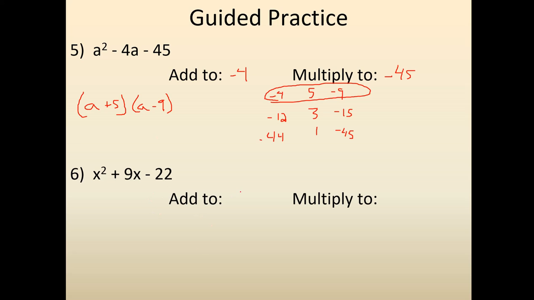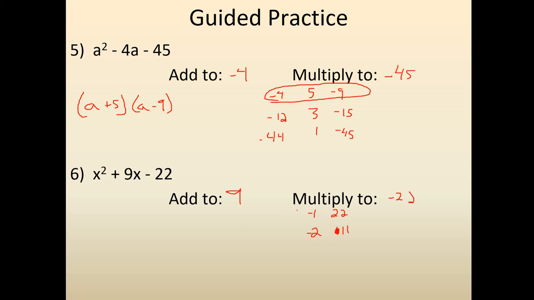For this one, they're going to add up to 9 and multiply to negative 22. So using my same pattern, the bigger number is actually going to be positive this time. So negative 1 and 22 are one set of factors. Then there's 2 and negative 11, negative 2 and positive 11, and that's it.